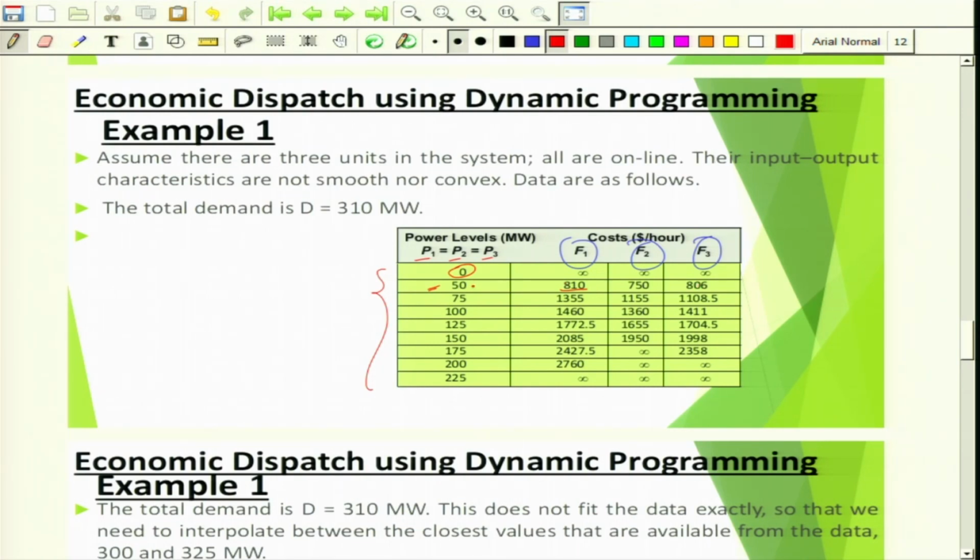And if we increase from 50 to 75, you see their variation is also non-linear. 810 to 1355 and 750 to 1155, and their proportionate variation is also different. And if you check from 75 to 100 also, you see they are not linear. It's not a linear rise with respect to individual units also. So ultimately you have the total fuel cost for each generation with respect to each generator.